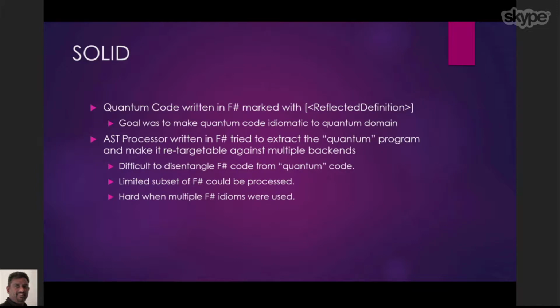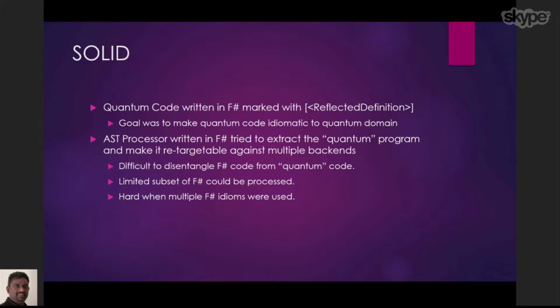Solid was, as opposed to Liquid, supposed to be the way in which you took the program that you wanted to run from the simulator itself, separate the simulator out, and be able to plug in a proper quantum computer. Because we were building a quantum computer, we are in the race to get a qubit. So at some point when the qubit is ready, well, we want to be able to program the thing.